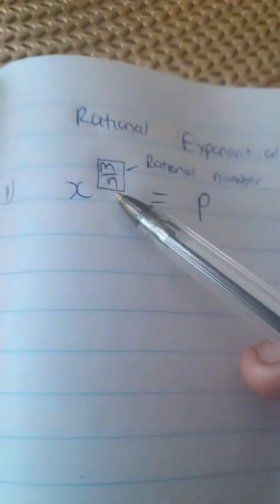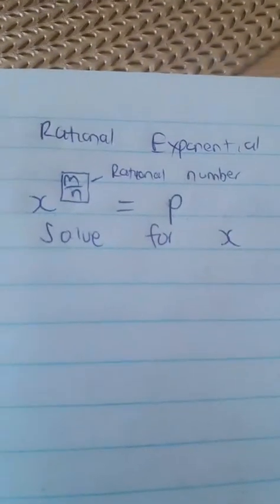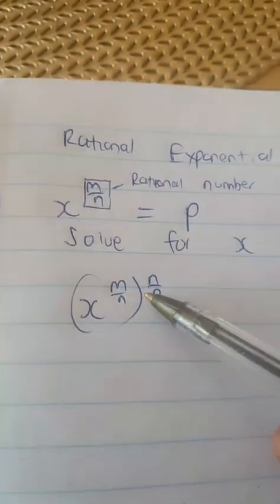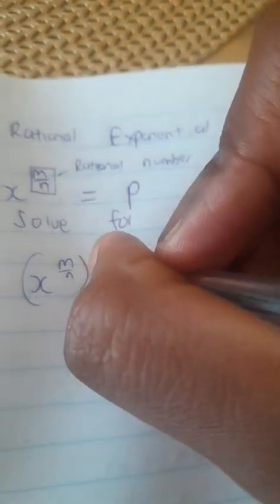So if we take this rational exponent and we want to solve for x, according to what we've learned earlier on, we would take the reciprocal of the rational exponent, meaning we would multiply the left-hand side by the power n over m.